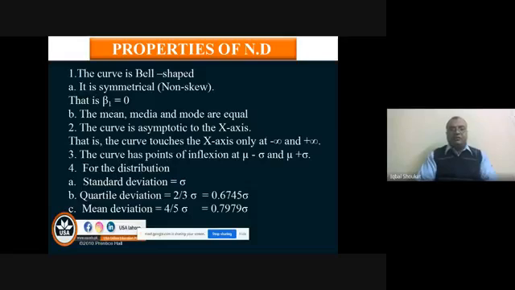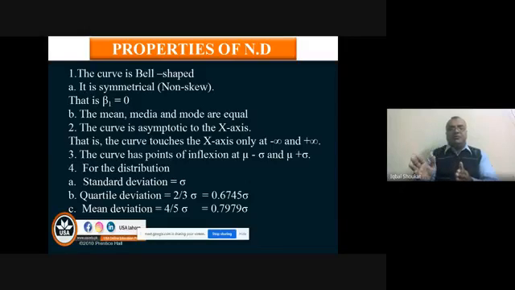So it is known as the normal distribution, bell-shaped distribution, single-peaked distribution, or a symmetrical distribution. It is not a skewed distribution.